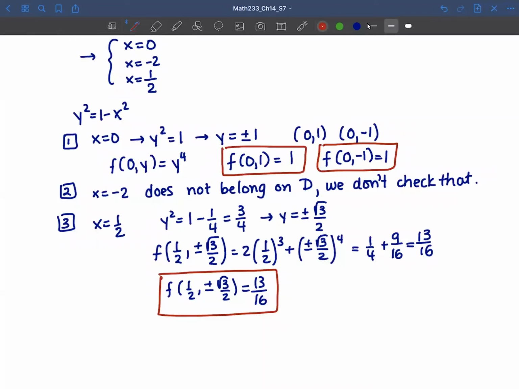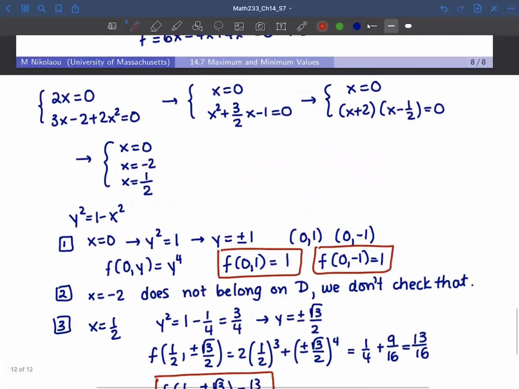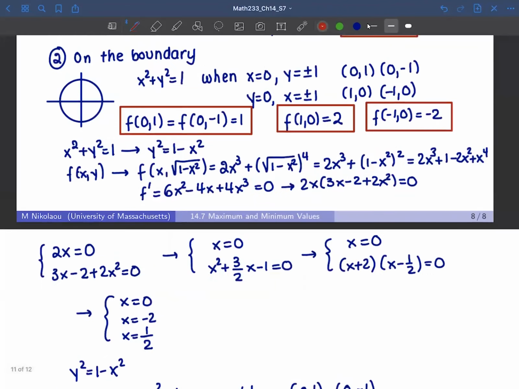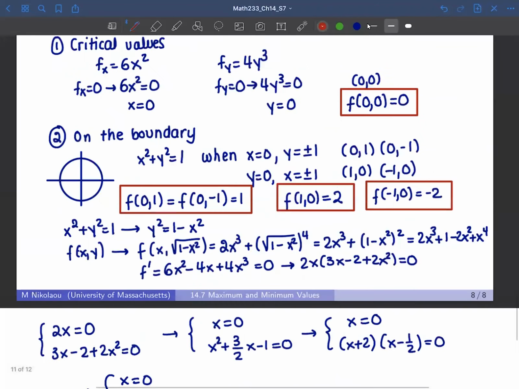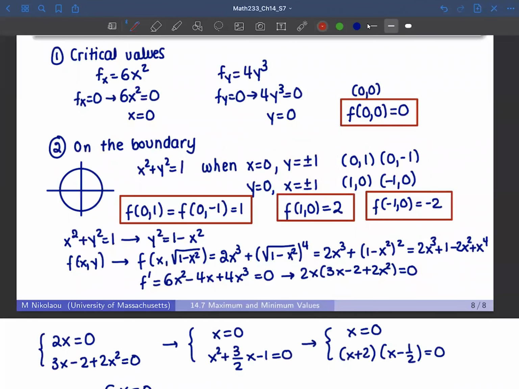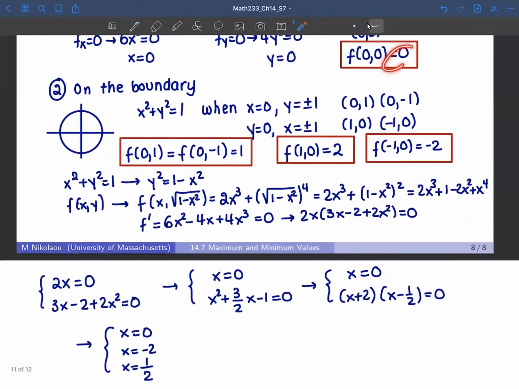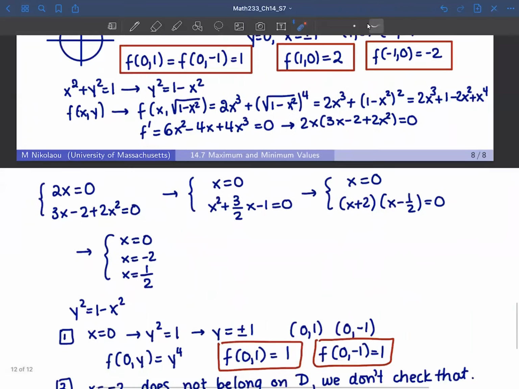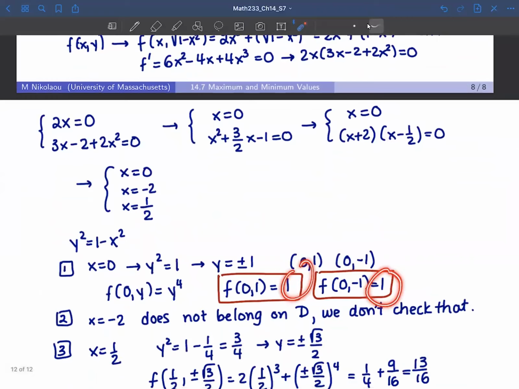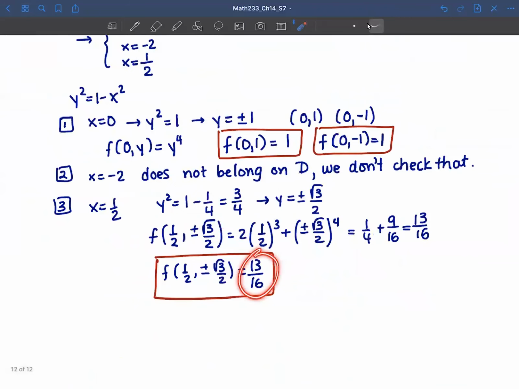So by looking at the values that we had at the critical values, but also the values at the boundary, we have here 0, 1, 2, -2, and then we have 1 and 1 and 13/16.